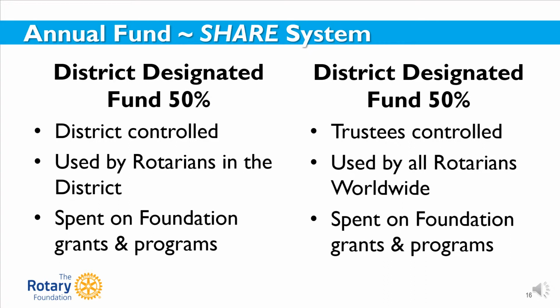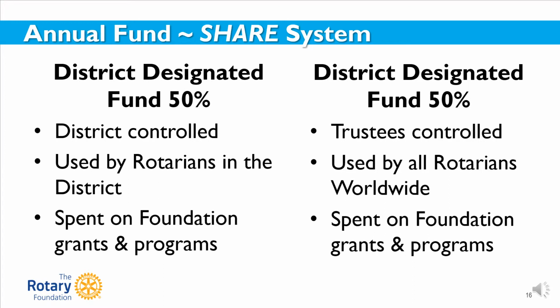During that time, the investment earnings have been historically used to pay for the administrative and operating expenses of the Rotary Foundation. At the end of the 3 years, the principal is made available for the funding of Rotary projects. 50% of the contribution, or $250, comes back to the district through District Designated Funds, or DDF. This is money the district uses to help fund your club's local and international projects.